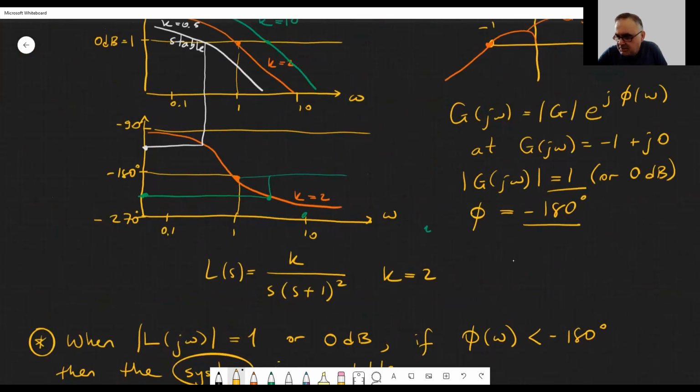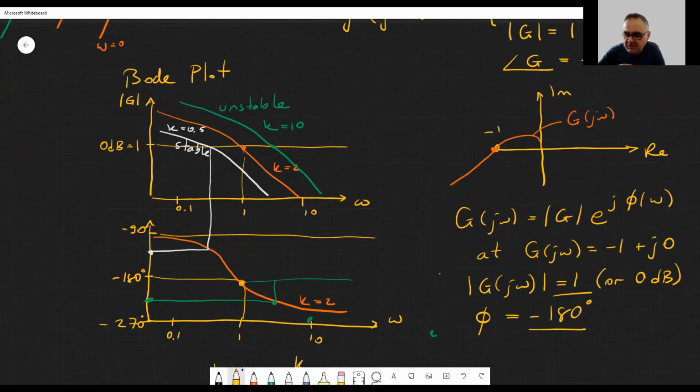So when the phase is 180 degrees, you go up for the second criterion. When the gain is below 0 dB, your system is stable. When your gain is above 0 dB, your closed loop system is going to be unstable.